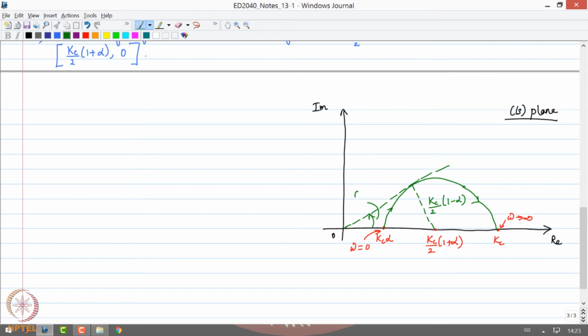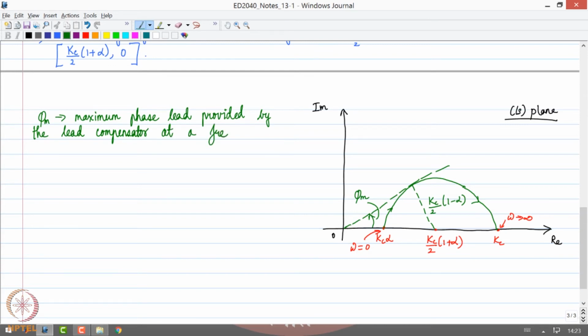Let me write it here. So, this is phi m. So, what is phi m? Phi m is going to be the maximum phase lead provided by the lead compensator at a frequency which we denote by omega m.